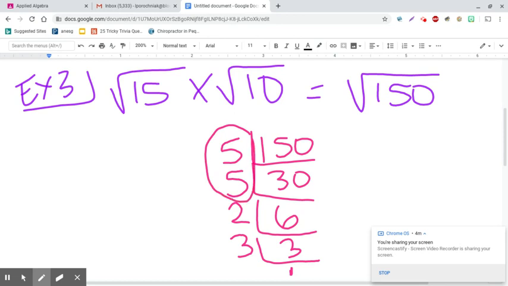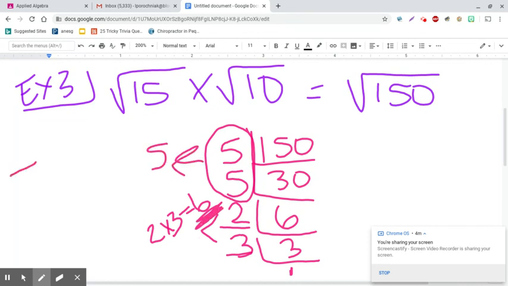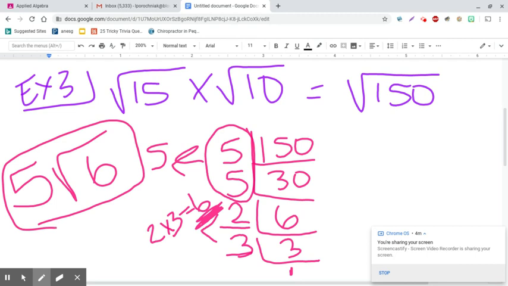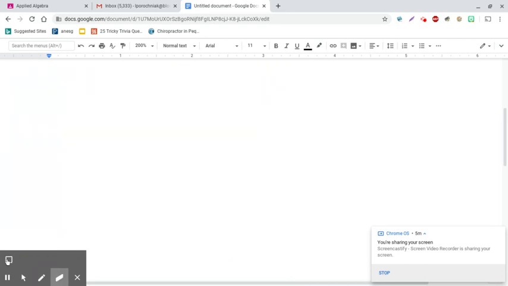So that's our match, but these two don't have a pair, so we're going to multiply them. 2 times 3 equals 6. So a 6 is going to stay under our bar, and a 5 comes out. So 5 radical 6 is our answer. Done with example 3.